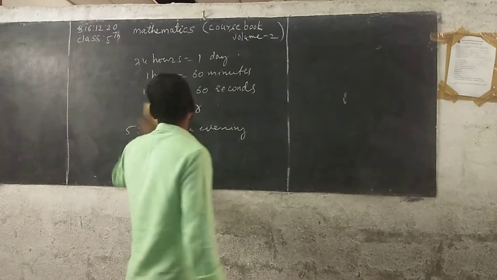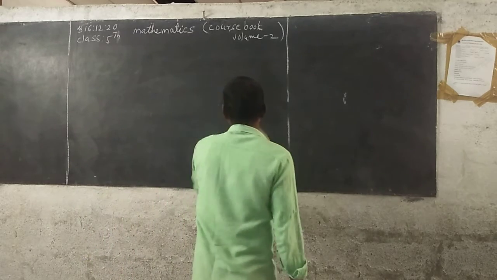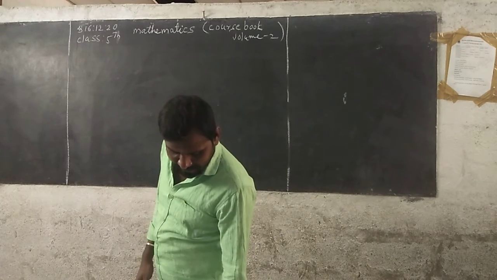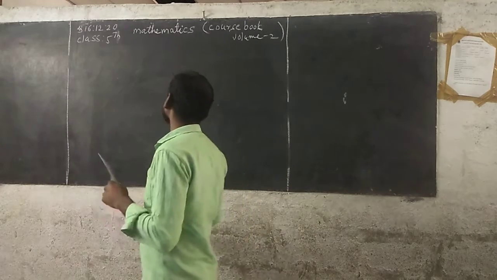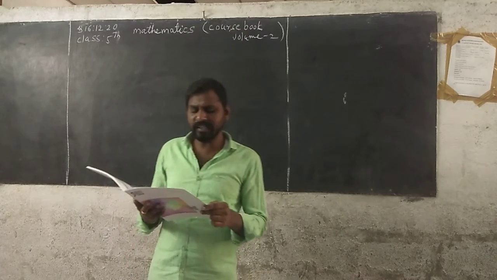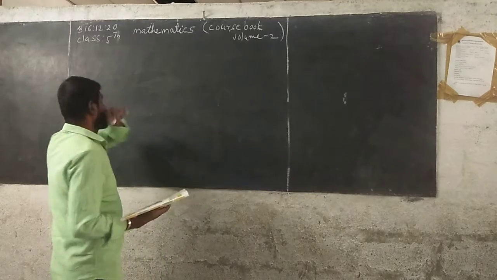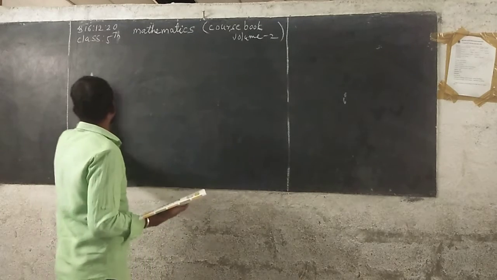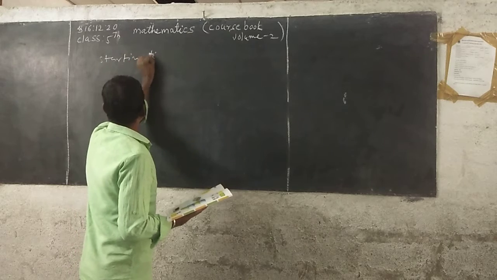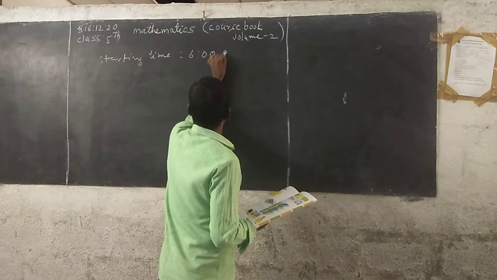See page number 4, course book, volume 2. A train leaves the source station at 6 PM. So the starting time is 6 PM.